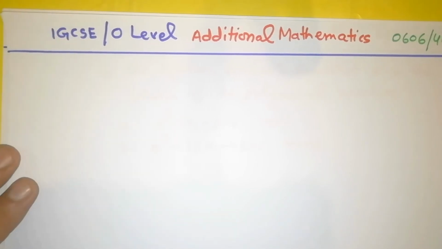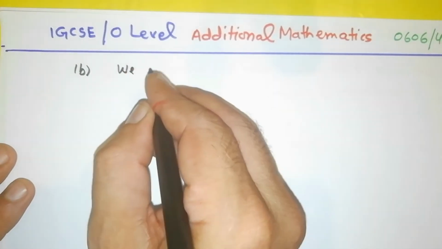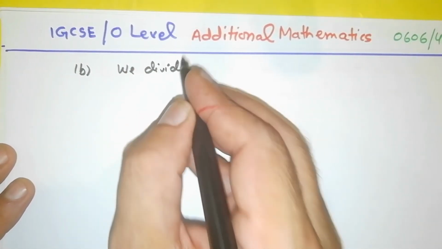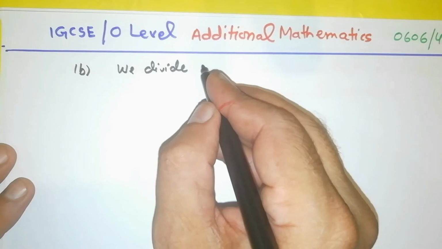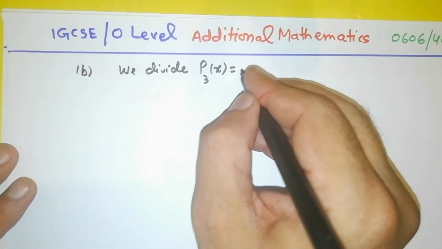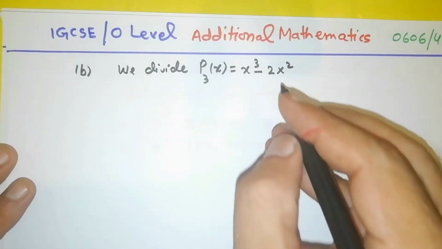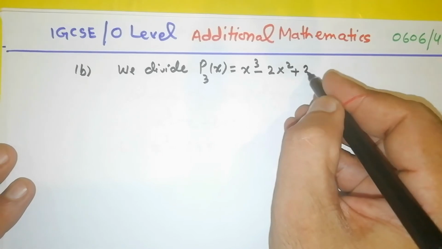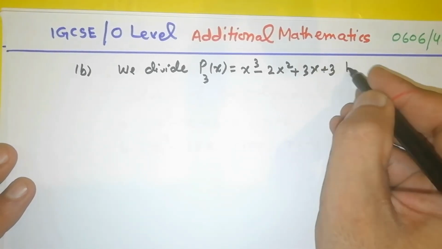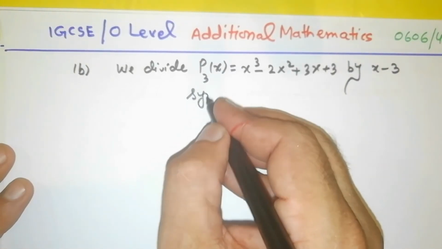So students, see here, we solve this B part, meaning we divide this third degree polynomial, that is x cube minus 2x square plus 3x plus 3, by x minus 3 synthetically.